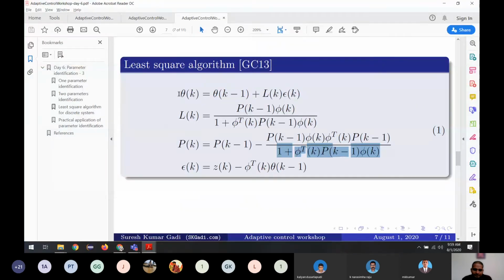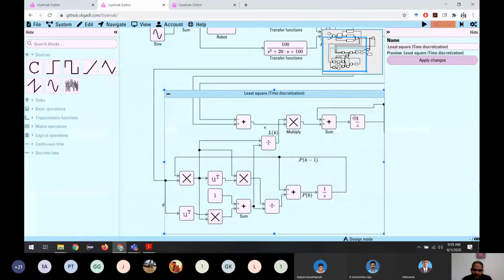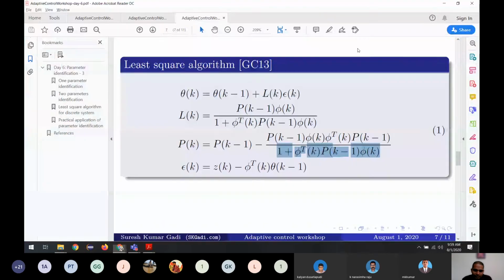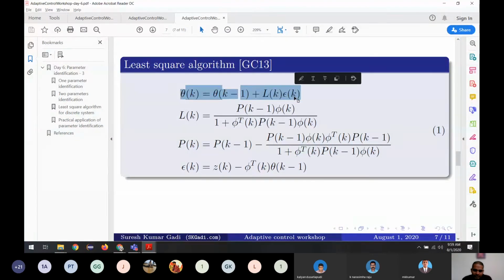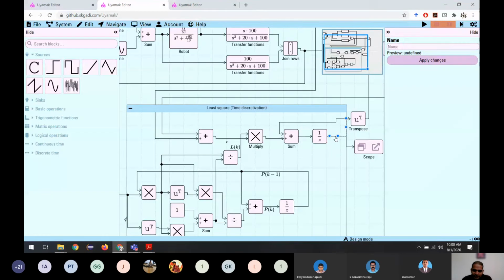So what does theta say? Let's go to the first one, the theta. Here the k is not time, it's pulses, like the integers starting from 0, 1, 2, 3.